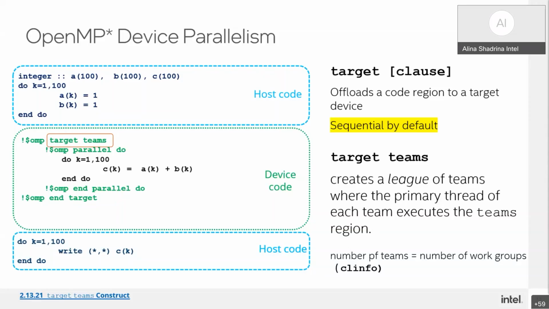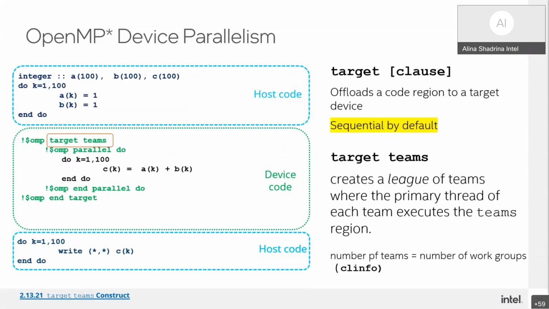There is no synchronization, as I said, between teams, so barriers, critical sections, atomics, and so on are legal only within the team. Otherwise, you will lose this independence between subslices, and so it really leads to losing massive parallelism.